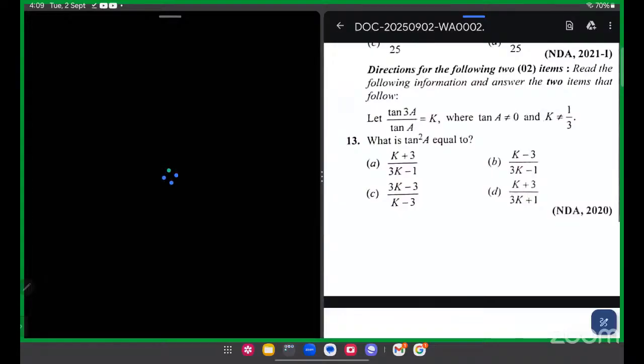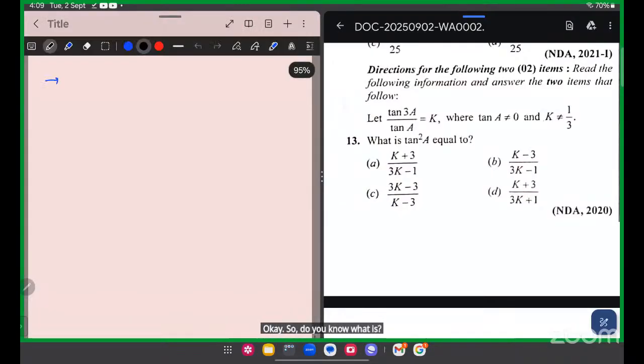Yes, sir. Okay. So, do you know what is the formula of tan 3a? Here we have got tan 3a divided by tan a is equal to k. And we are supposed to find out tan square a.